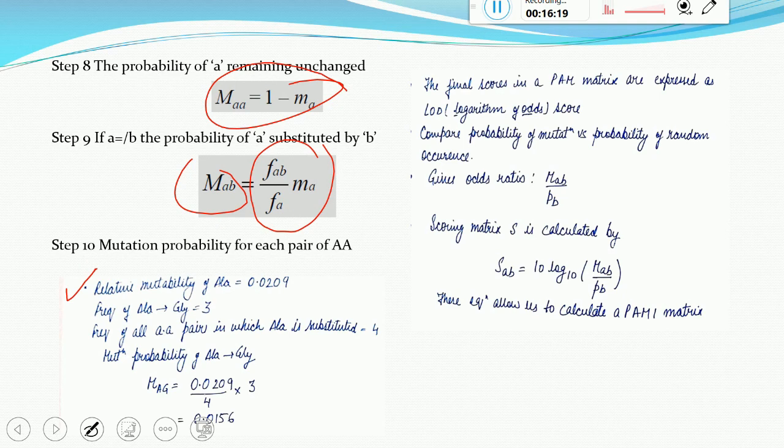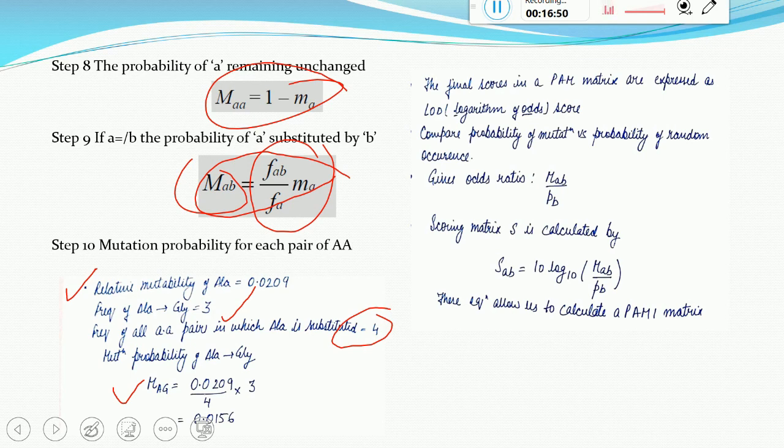The frequency of alanine mutating to glycine is 3, which we have already calculated in the previous slides. Now the frequency of all amino acid pairs in which alanine is substituted is 4. The mutation probability of alanine to glycine, MAG, is basically what we are calculating here with this formula MAB. So MAG is 0.029 into 3 upon 4, which is equal to 0.0156. So we have now calculated MAB.